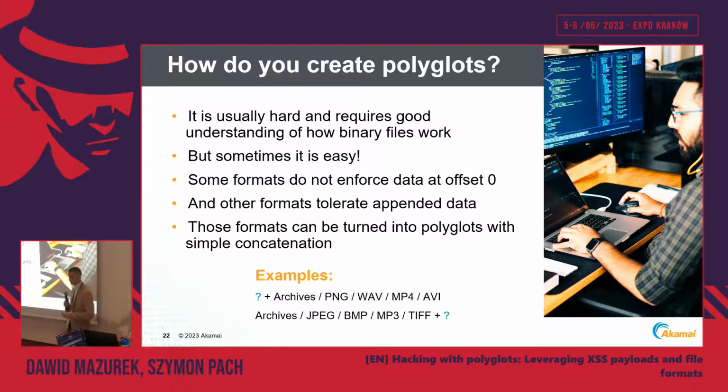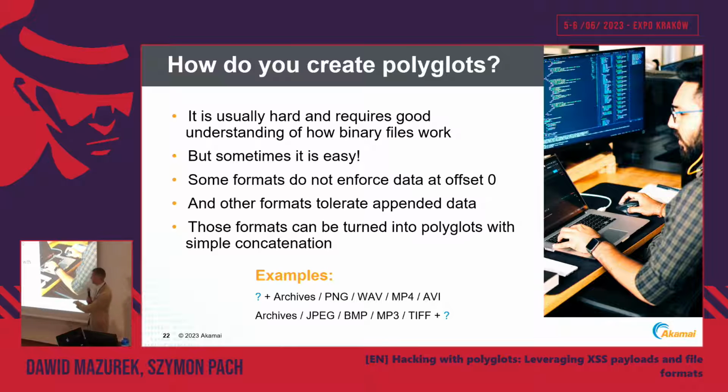As I said, it can be created with simple concatenation. And here, as you can see, at the bottom of the slide with examples, the question mark stands for any type of file we want, and we can easily append to this file some kind of archives, PNGs, or MP4s, and there should be no issue with running this file.